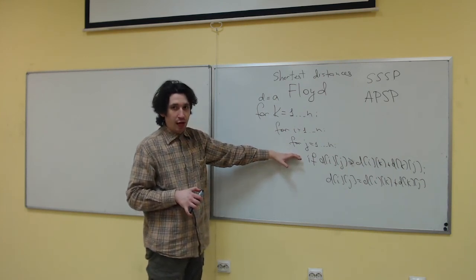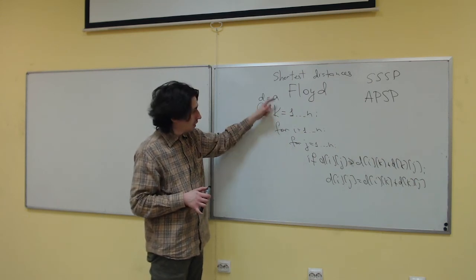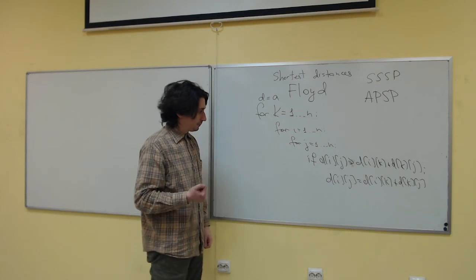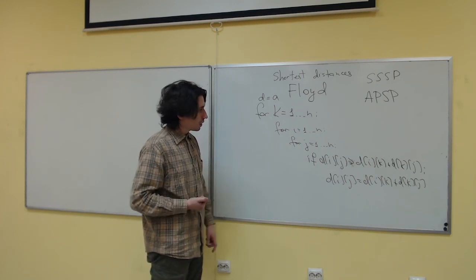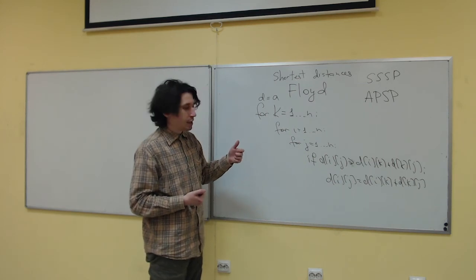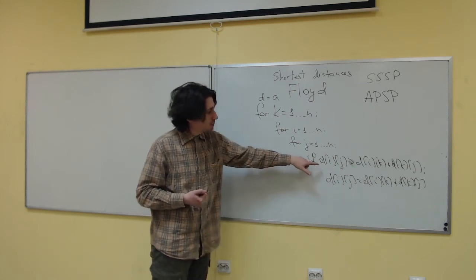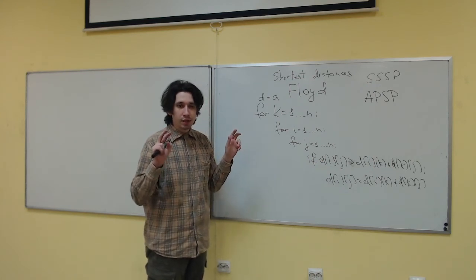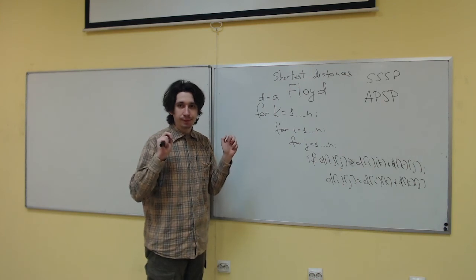You should have an additional loop with logarithm of n iterations, where the number of edges between i and j is 2 to the power of k.